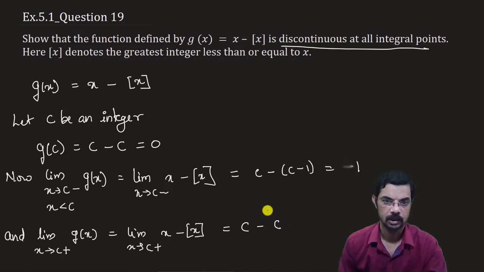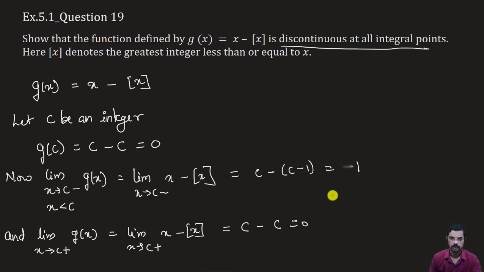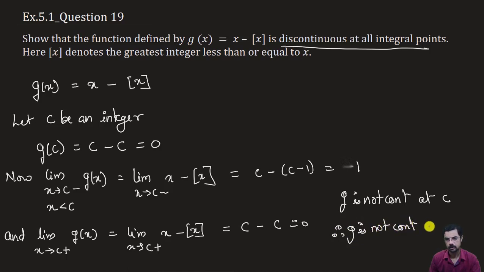X tends to c from the right, c is an integer, x is greater than c. So that will be equal to 0. Here g is not continuous at c, and c was any integer, therefore g is not continuous at all integral points.